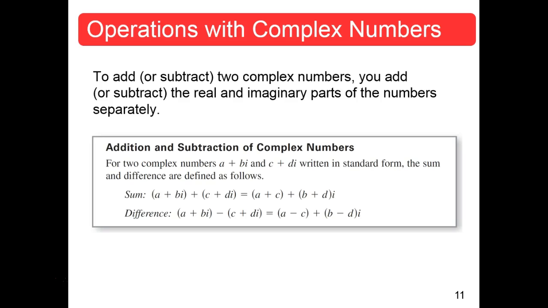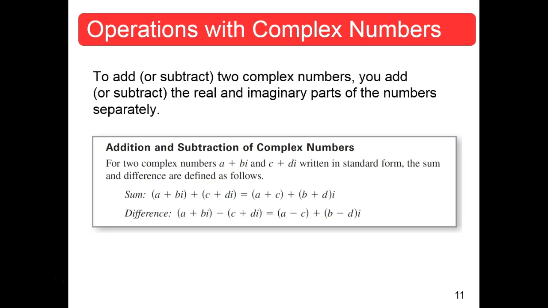So when you're adding binomials, you add like terms, right? When you're subtracting binomials, you subtract like terms. So think of these as terms. That's what they are, things separated by plus or minus. So you add the real parts, add the imaginary parts. Subtract the real parts, subtract the imaginary parts. Just how they're done.